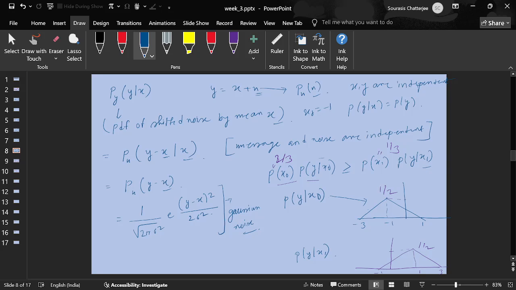So y is nothing but a shifted version of n. Like n was some zero mean random variable, now y is the same random variable with mean x. The PDF shape remains the same, only the mean gets shifted. So till this point we have obtained the likelihood PDF as this. You have no issue with this, right?